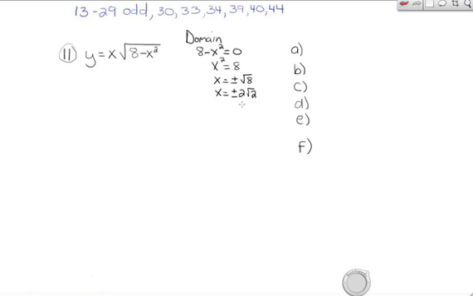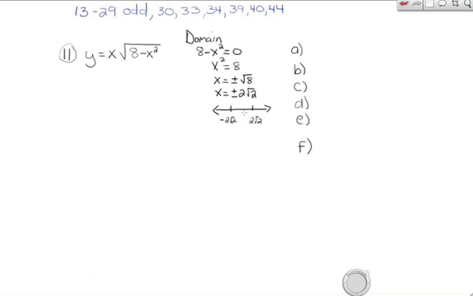So really what we need to do, and I hope this doesn't confuse anybody, but I really kind of need to think about a sign chart of my function, because I want to know, not so much the whole function, but just the inside of the square root. When is this positive? When is this negative? I just found out where it's 0, at 2 root 2 and negative 2 root 2.